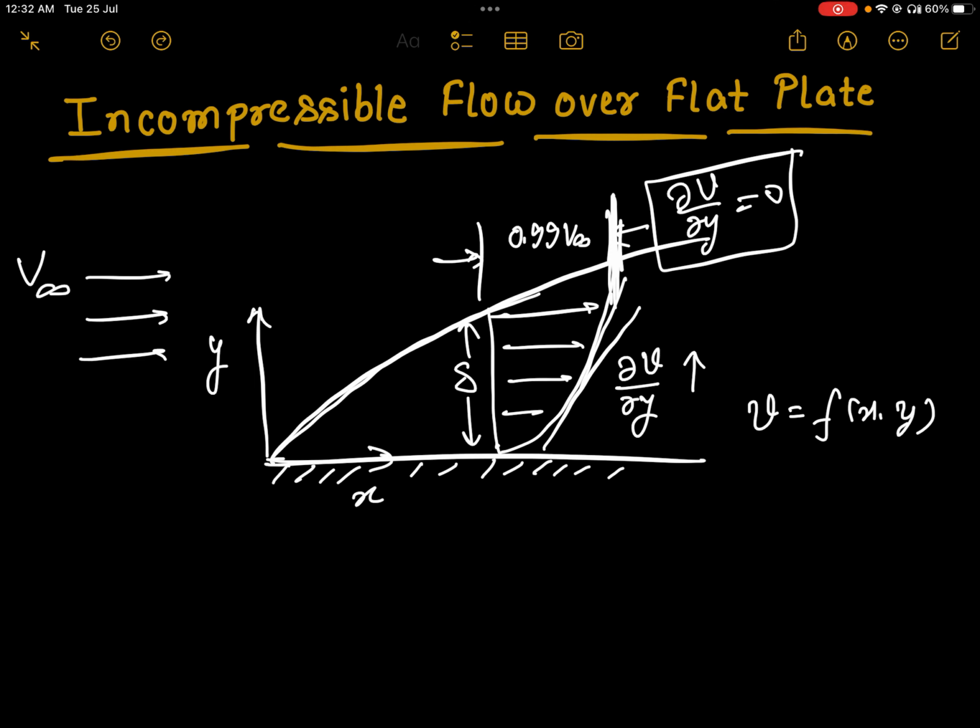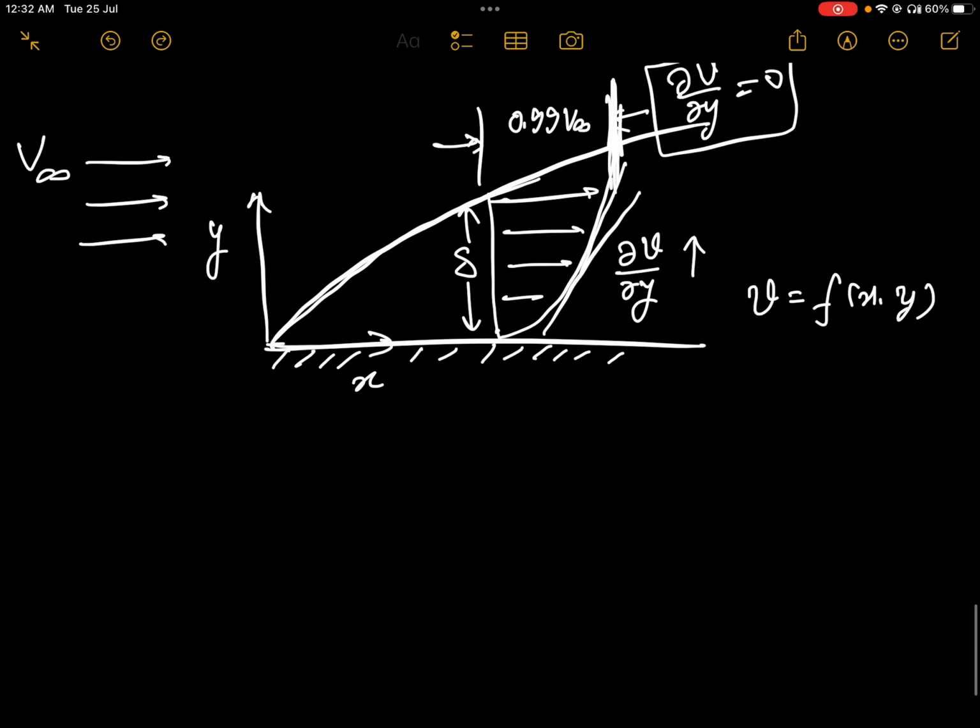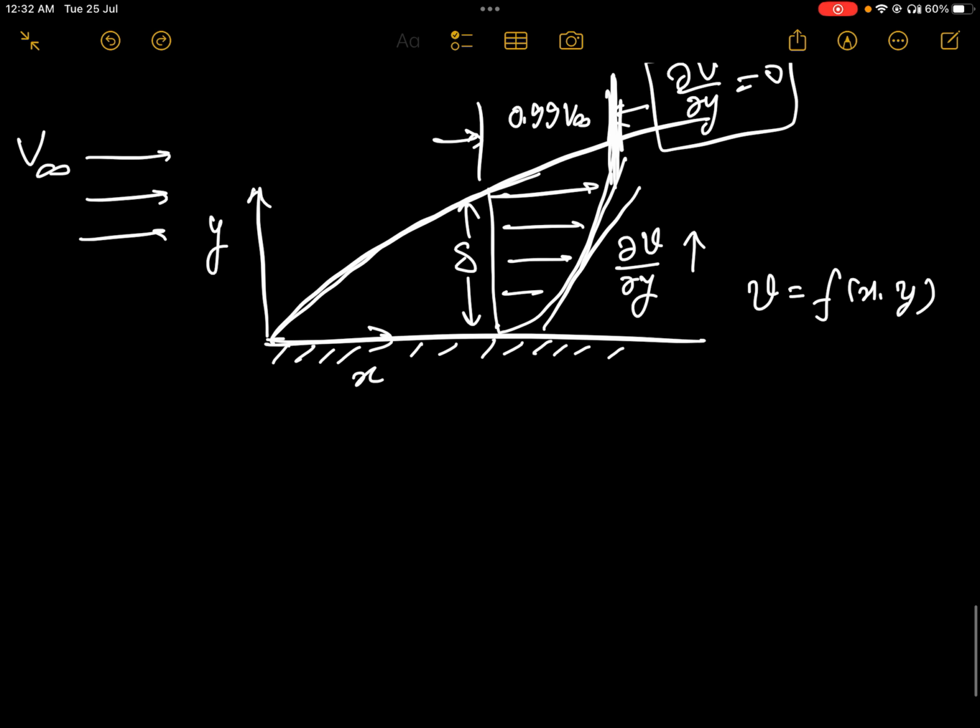Let us try to evaluate some equations and understand the boundary conditions of the hydrodynamic boundary layer at any given location x measured from the leading edge of the plate. Try to understand in this figure that at y equal to 0, the velocity v should be 0.